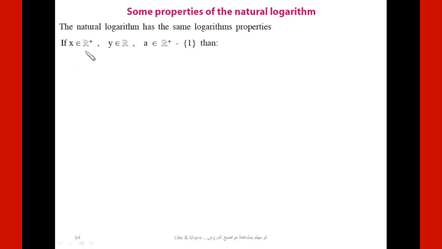If x belongs to R positive, here we denote the domain. So the domain is all the positive numbers, of course greater than 0.